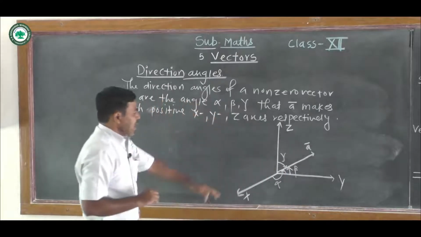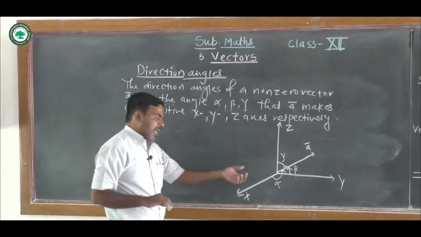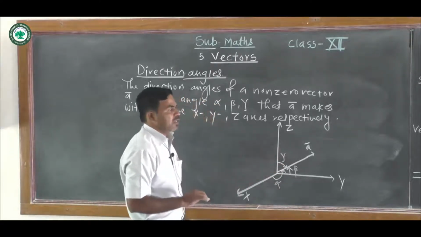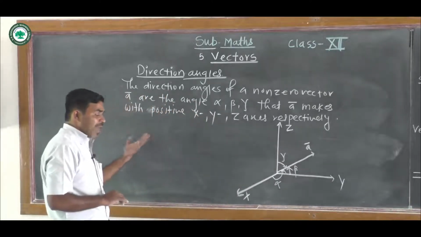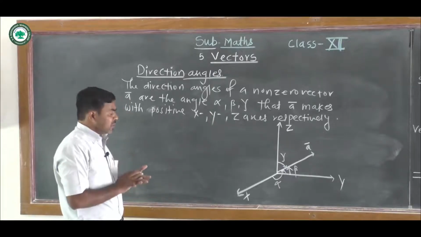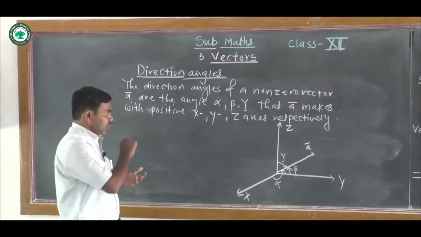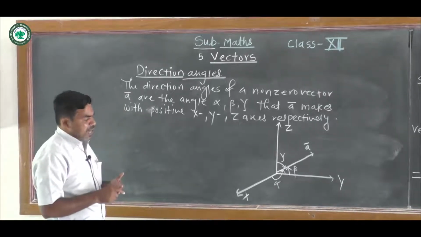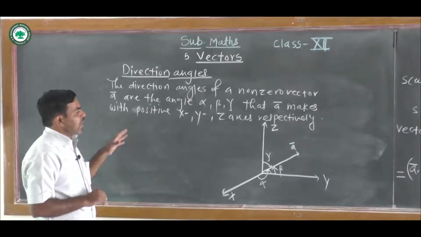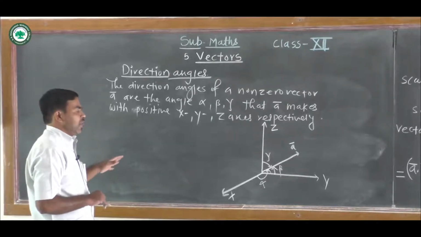So these alpha, beta, gamma are the angles made by the vector A with positive x-axis, positive y-axis and positive z-axis respectively. So these are called direction angles, and these three angles determine the direction of vector A in the space.